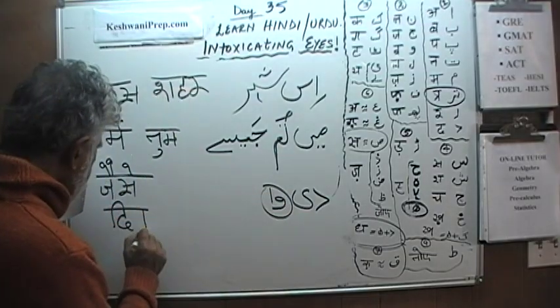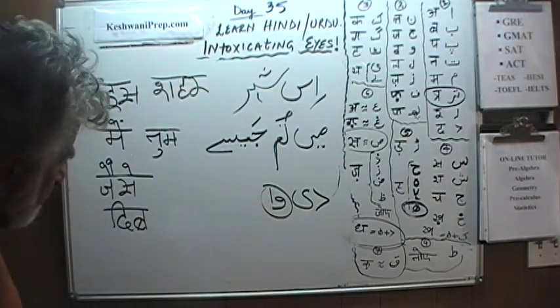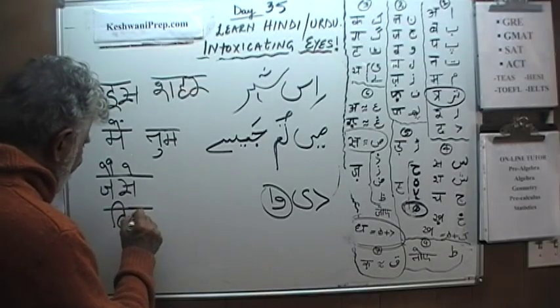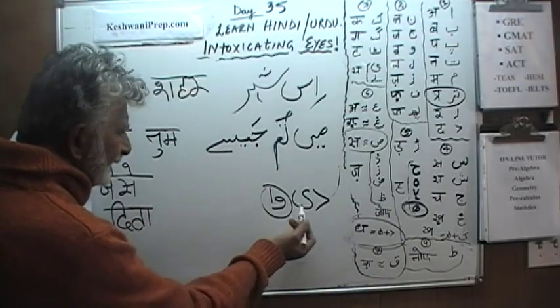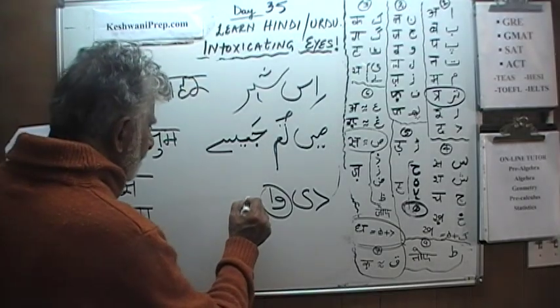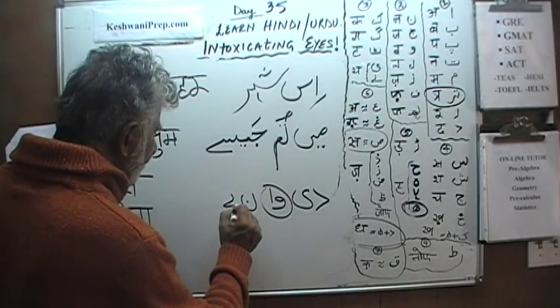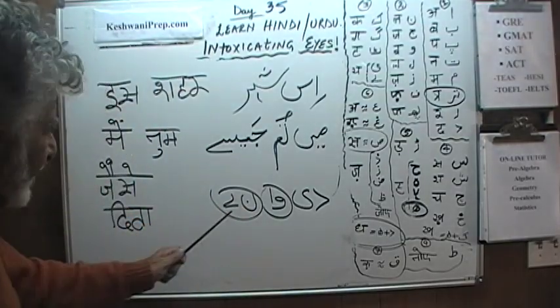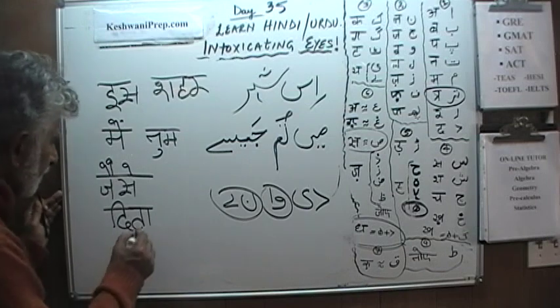Wa. Oh, sorry, that's a ba. Diva. Ne. Noon and a badi ne. This is going to give us the choti e ki matra. Diva ne.